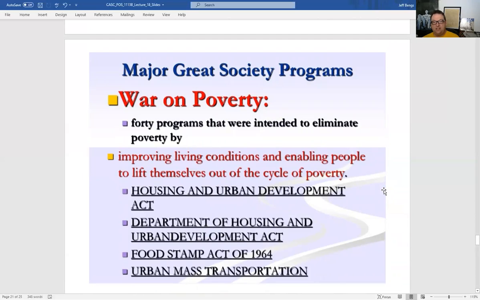Since the 1960s, since the Great Society, there have not been a whole lot of programs for social welfare passed up until today. But the most significant one was the 2010 Affordable Health Care Act, or what we usually hear called Obamacare.